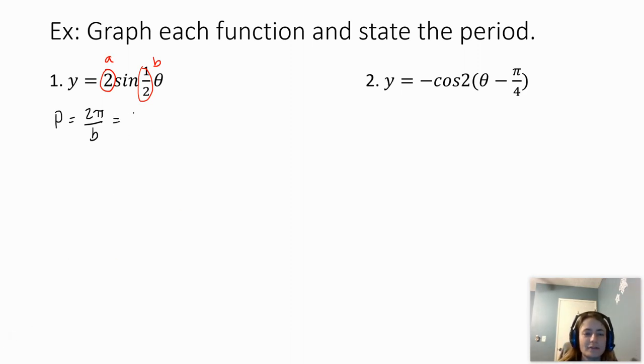So 2 pi over b is going to be 2 pi over 1/2. We can simplify this by multiplying 2 top and bottom, and that's going to be 4 pi over 1, or just 4 pi. So our new period is 4 pi. It's stretching out the sine function. Instead of being in between 0 and 2 pi, it's going to be in between 0 and 4 pi.